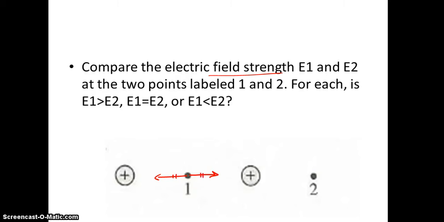Notice these two would cancel each other, and I would get an electric field of 0. At 2, this would push away, and this one would also push away. So my net electric field vector is going to be to the right. For this case, E2 is larger than E1. That's it. Try the rest of the problems yourself.